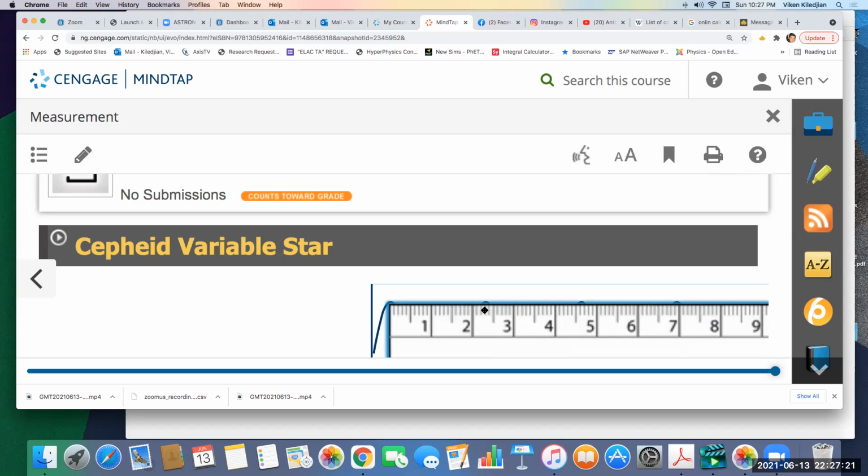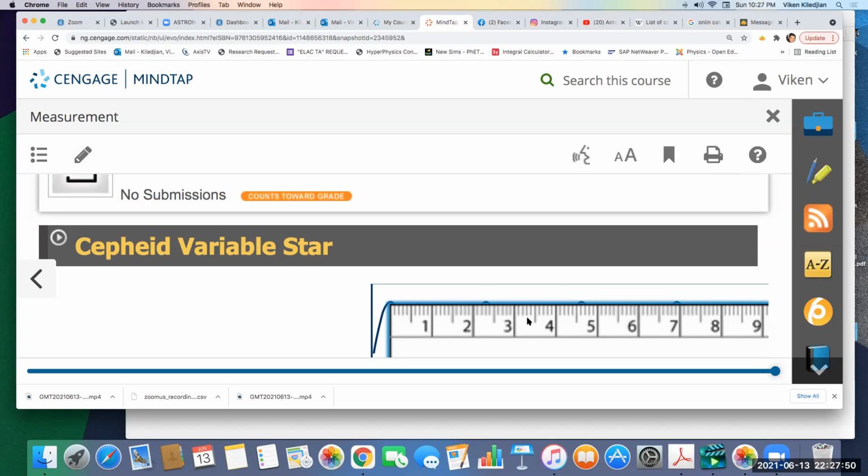So this one is 2.3. Actually, let me move this edge right where the peak is. No, you know what? It's 2.3 right there. 2.3. So if I start the ruler right where that peak edge is, then this one is going to be 2.3 centimeters, right?